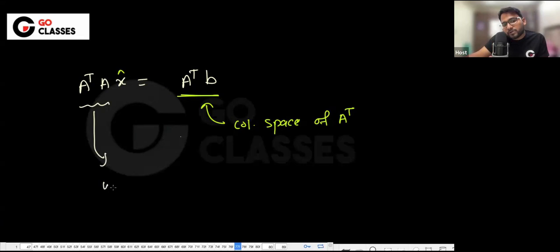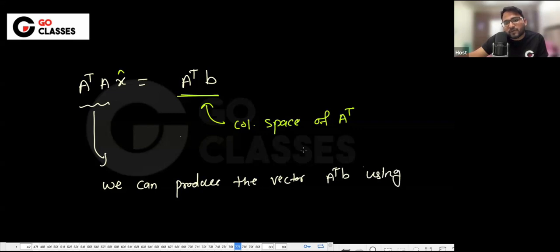So we can produce this vector using the columns of A transpose A. It is always possible because both have the same column space, A transpose A and A transpose.